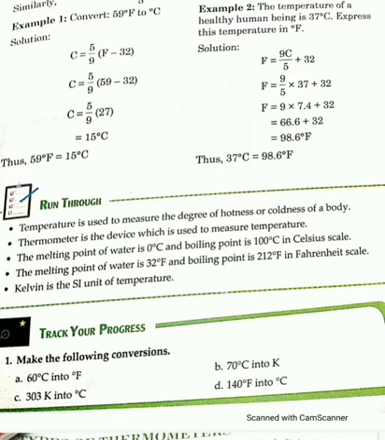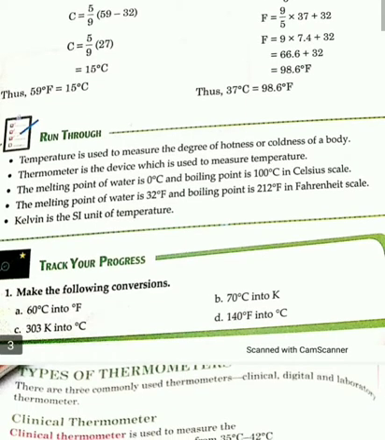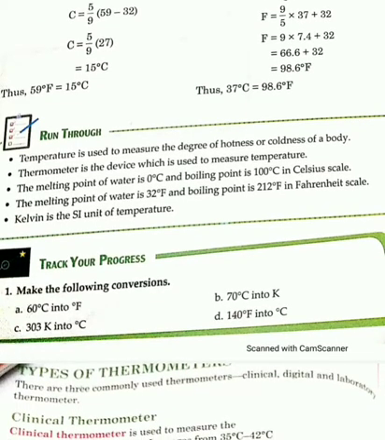So up to here we have read that temperature is used to measure the degree of hotness and coldness. Then a thermometer is a device or equipment which is used to measure temperature. The melting point of water is 0 degree Celsius, whereas the boiling point is 100 degree Celsius.